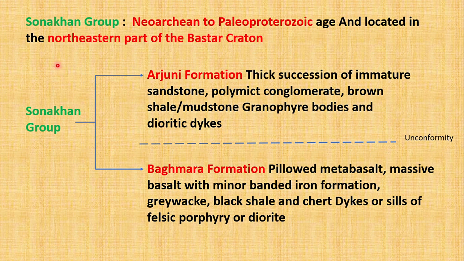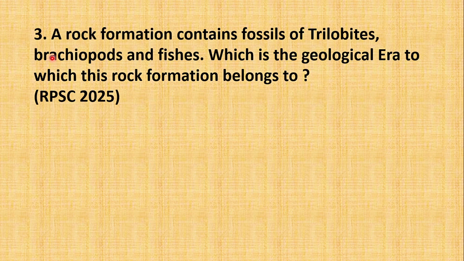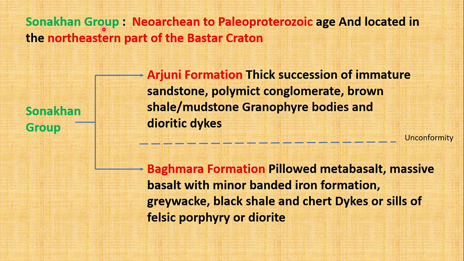Let's discuss the stratigraphy of the Sonakhan group. Sonakhan group is Neo-Archean to Paleoproterozoic, located in the northeastern part of the Bastar Craton. Remember the formation names of the Sonakhan group. The Sonakhan group is divided into two formations: one is the Baghmara formation, then the Arjuni formation.